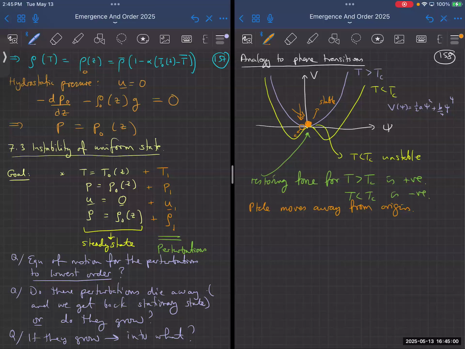Now, all we want to know for now is this: does it move away? Or return? That's the linear stability question that we're asking on the left-hand side.